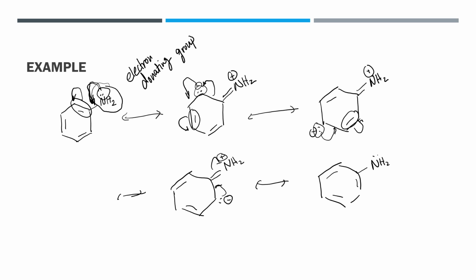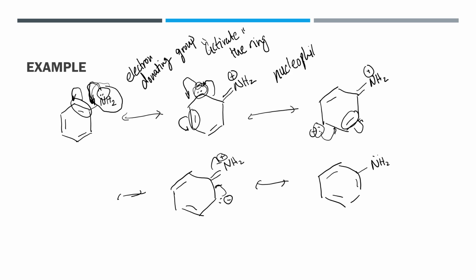So why is this important, right? You might be asking. This can activate the ring to all sorts of reactions. And what do I mean by activate the ring, right? What exactly does that mean? Activate it to what? So this, right, because we have a resonance structure where we have negative charges on carbons, what that can act as is a nucleophile.